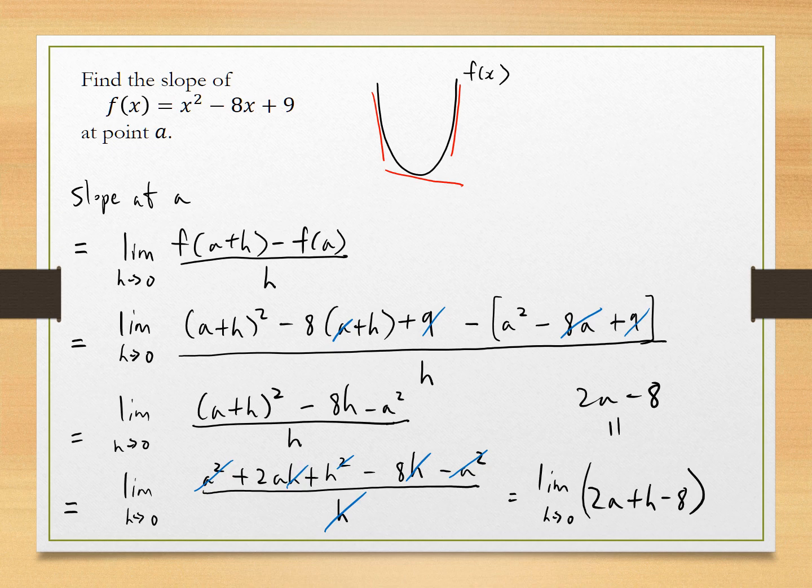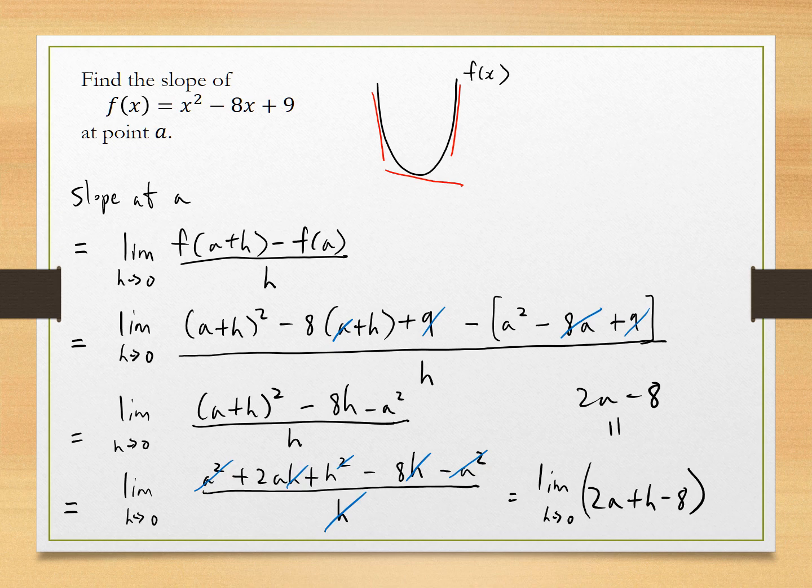This is the slope for any point a on the quadratic function. You can use this formula to calculate the slope at every single point. It takes us a few steps to derive it. What we do today is figure out the patterns between the particular functional form and the slope you get.